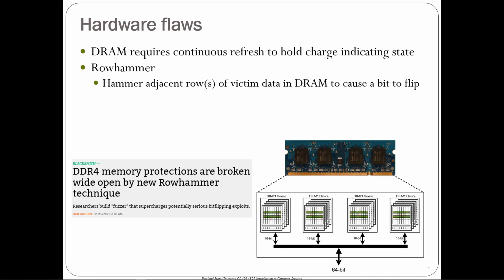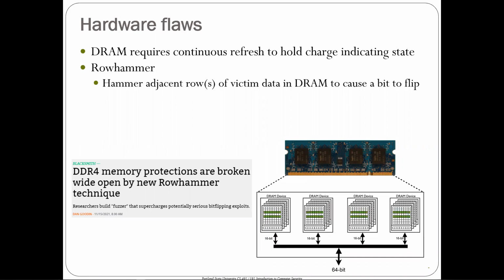Dynamic memory requires a continuous refresh to hold the charge. The way DRAM works is that there is a gate in front of a capacitor, which is like a battery. And the way you store zeros and ones is to either store a charge there for a 1 or to clear out the charge for a 0.